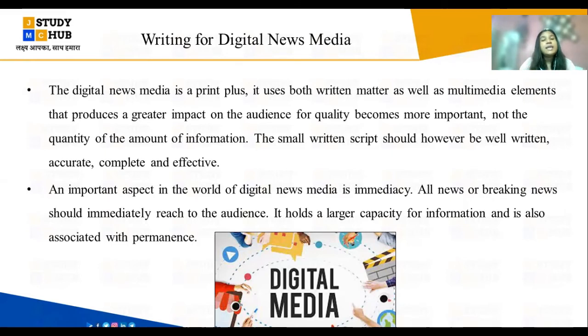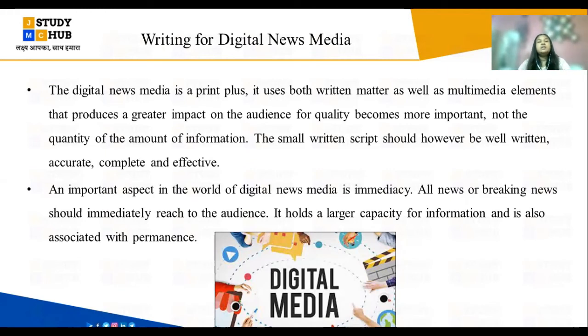So we are getting all of them in one thing, and the digital news media is basically referred to as the print plus, and it uses both written matter as well as multimedia elements that produce a greater impact on the audience, for quality becomes more important and not quantity of the amount of information provided.